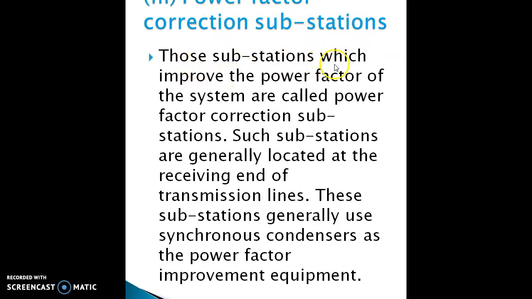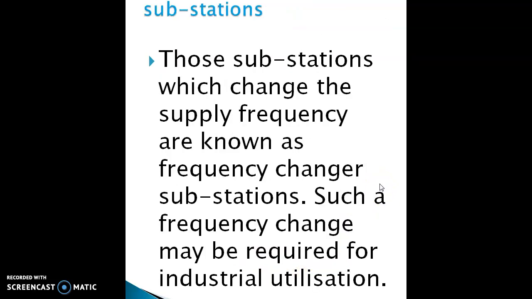Those substations which improve the power factor of the system are called power factor correction substations. Such substations are generally located at the receiving end of transmission line. These substations generally use synchronous condensers as the power factor improvement equipment.